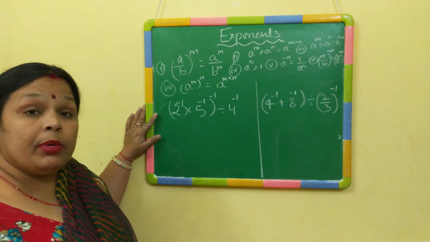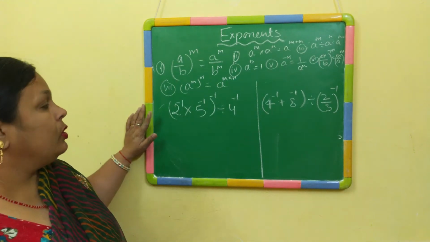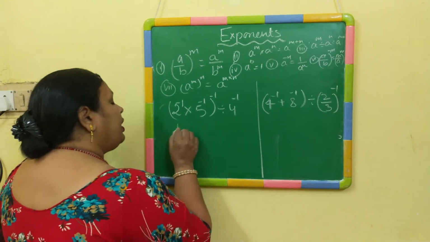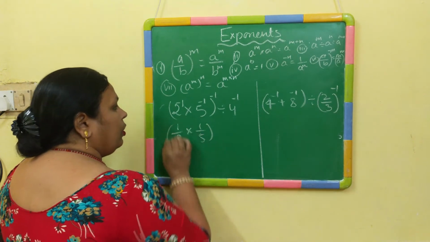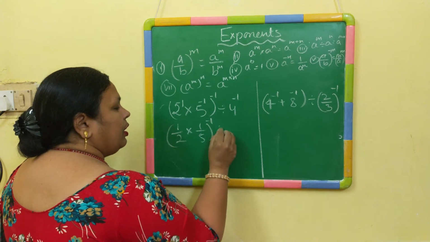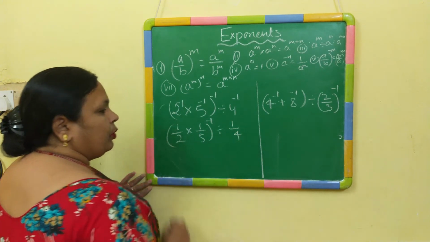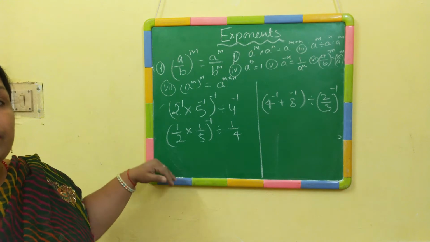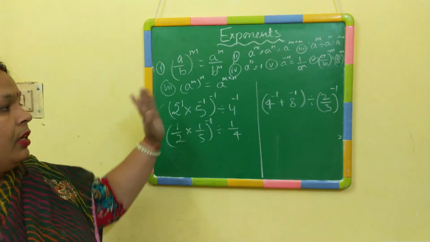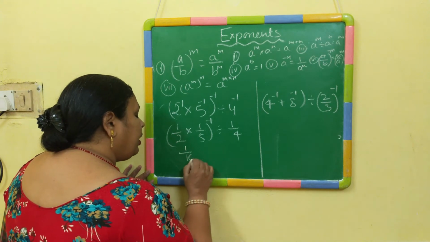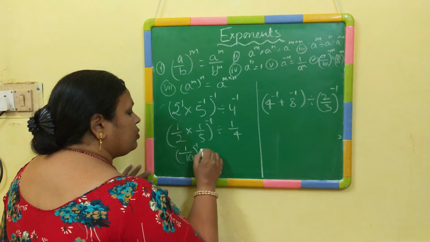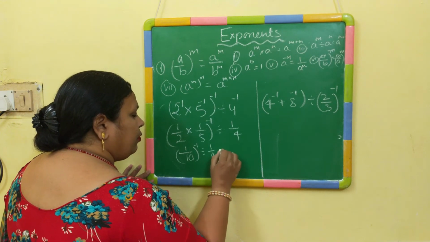So all numbers have negative powers. So we will write it as 1 by 2 into (1 by 5) whole power minus 1, divided by 1 by 4. Clear? In the first step, we removed all the negative powers inside the bracket and outside. Now this becomes (1 by 10) power minus 1 divided by 1 by 4.